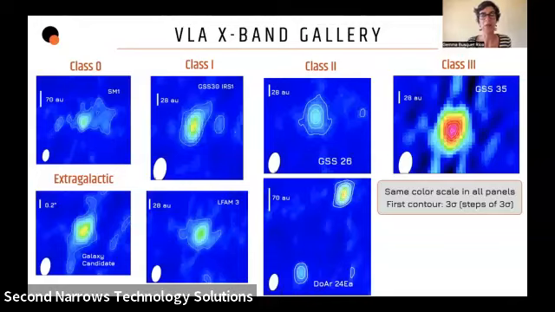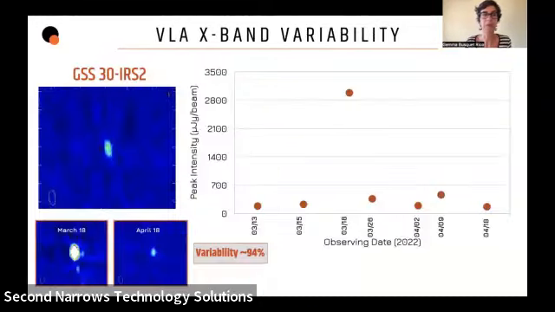You can see that most of the emission appears unresolved, even with the most extended configuration of the VLA. So here we really need to push for the next generation of interferometers to allow us to resolve this centimeter continuum emission.